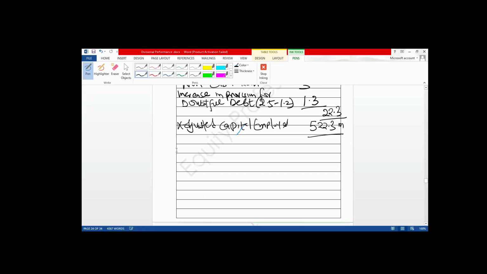To round up, calculate working 3, your WACC. This is equal to cost of equity multiplied by percentage of equity plus bracket cost of debt, 1 minus tax, multiplied by percentage of debt.